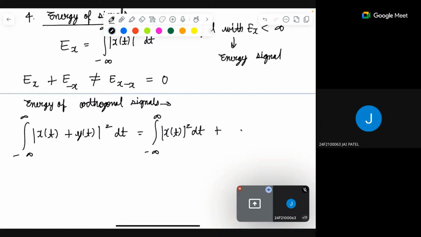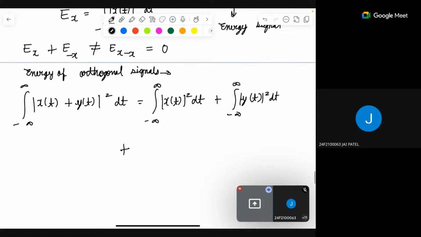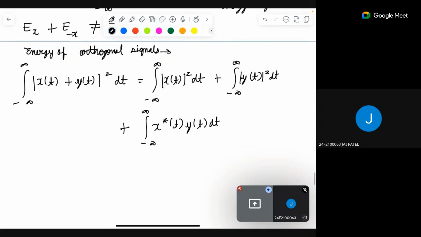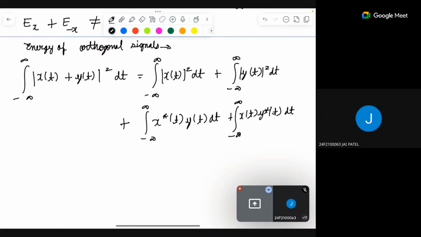First mod of x(t) squared, next mod of y(t) squared. Then we will have the cross terms: integral of x star(t) y(t) dt from minus infinity to infinity plus integral of x(t) y star(t) dt from minus infinity to infinity. So if we expand these signals, this is what we will get. Do you remember the definition of orthogonality of signals?